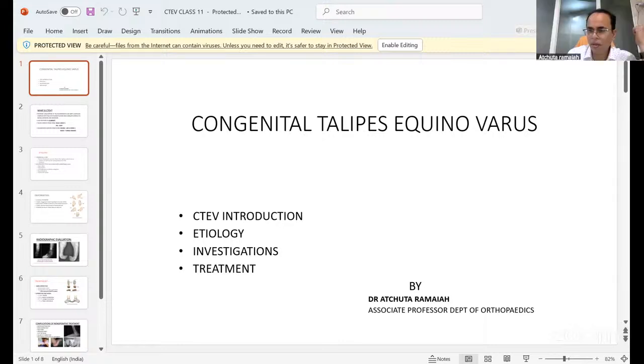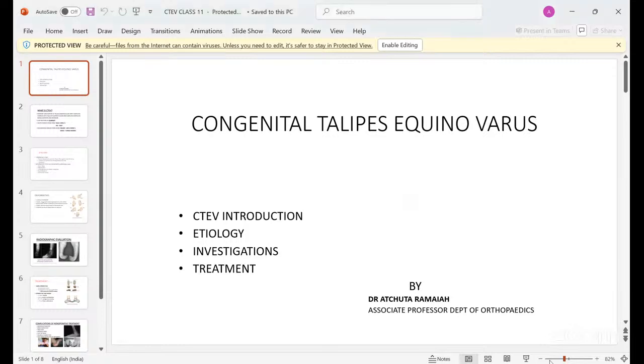You can put some more information regarding this because, as per my knowledge, it is not that easy to identify clubfoot in antenatal scans. So once the baby is delivered, we can look at the foot and then only we can diagnose it.